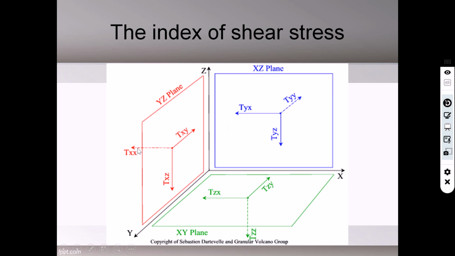So for this one, you multiply by the area of this part, and you will get a force in the S direction. Similarly, for this one, if you multiply by the area in the YZ plane, you will get a force in the Y direction. All right?